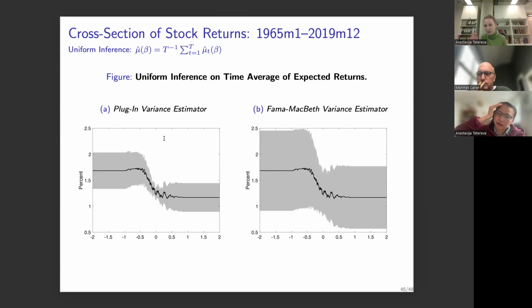It looks like it's still a little bit too flexible in this middle range. You mean this one? Yeah. So empirically, if you replace this estimator with a linear function.